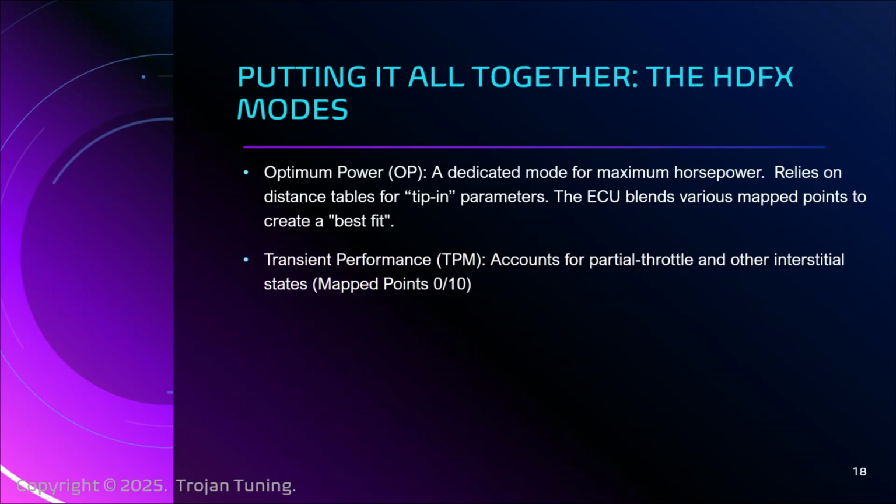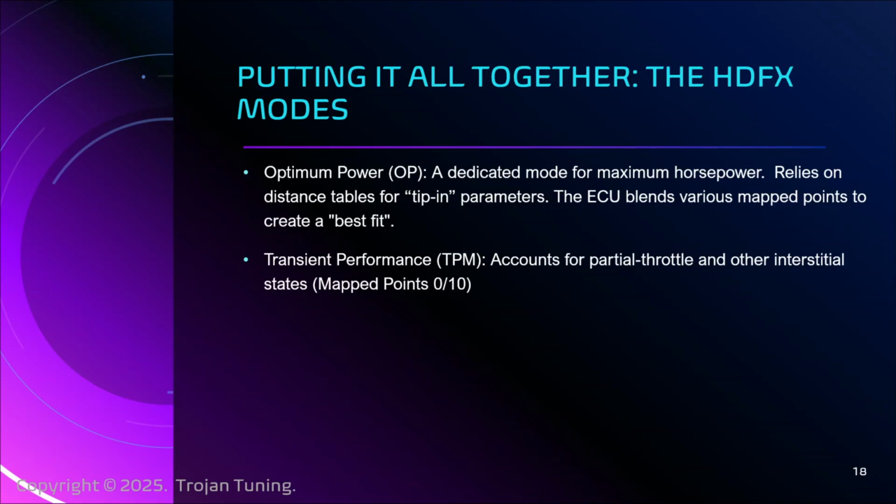And then there's also a transient mode, and transient is when you will see it in the logs very intermittently, and it's when you're moving from low throttle, partial throttle, full throttle, and that's where it says, okay, look, if we're making changes and it's not quite sure where we're going, use this state to best manage the vehicle.